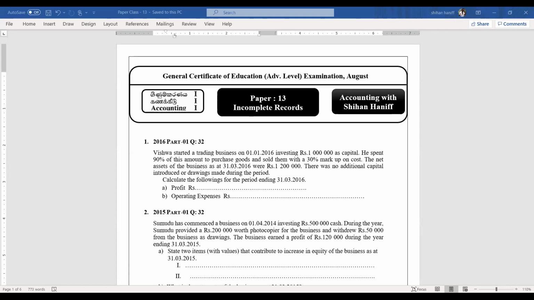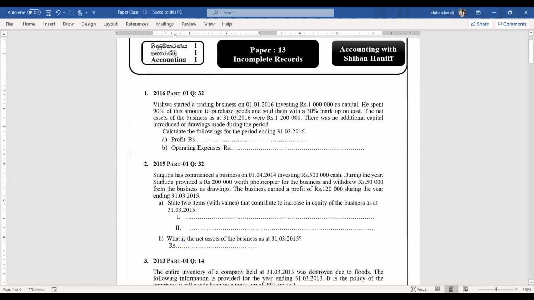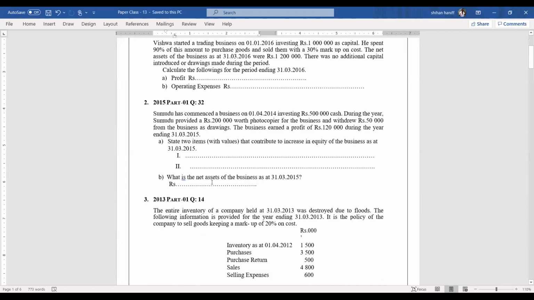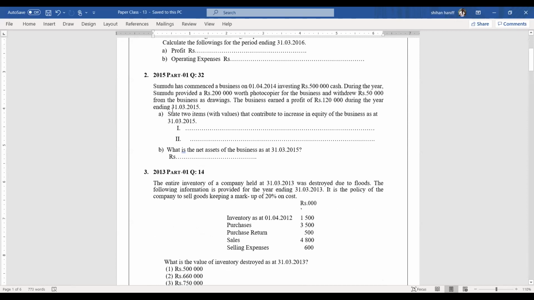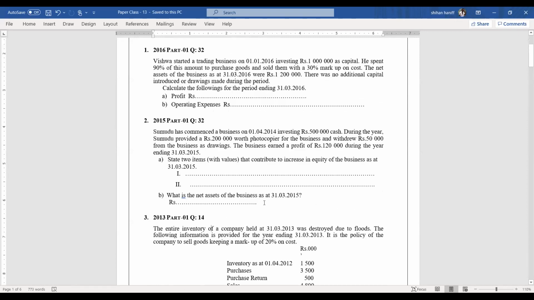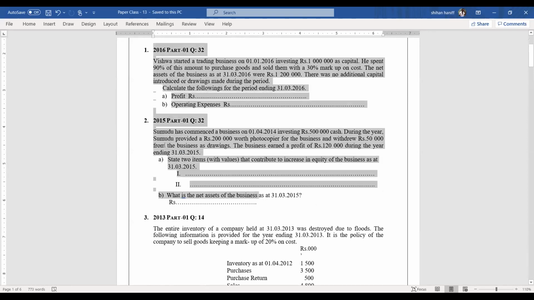I'm going to start with question number 3 onwards. These 2 questions I have already done in the class, so if we have time, we will do these 2 again.